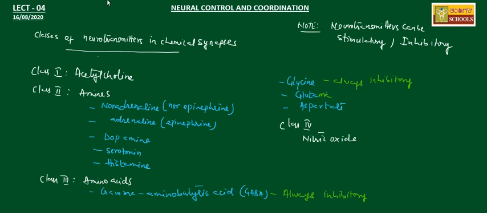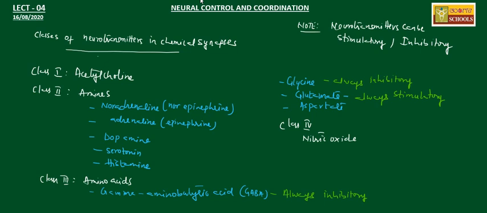So glutamate, this glutamate will always be stimulatory. So GABA is inhibitory, glycine is inhibitory, whereas the glutamate will be stimulatory.